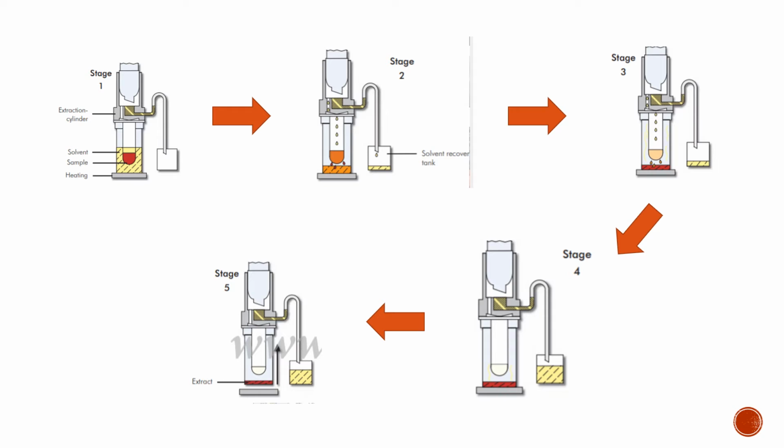You can imagine the process of these 5 stages from this diagram. You can compare the explanation from the previous slide with this slide to see how the process occurs.